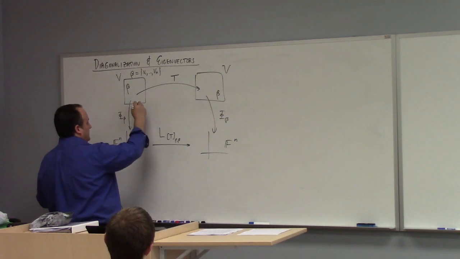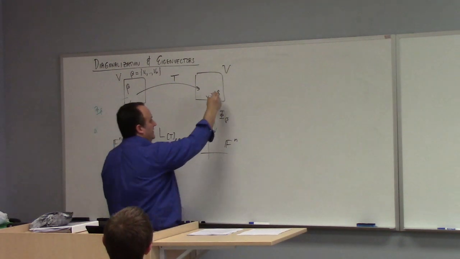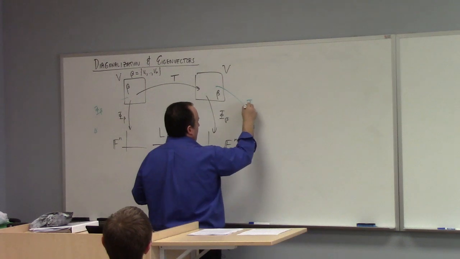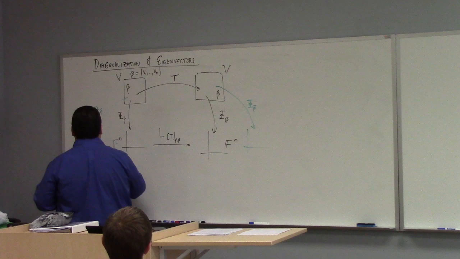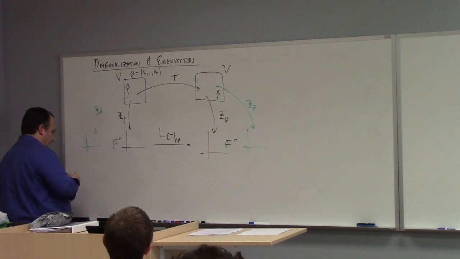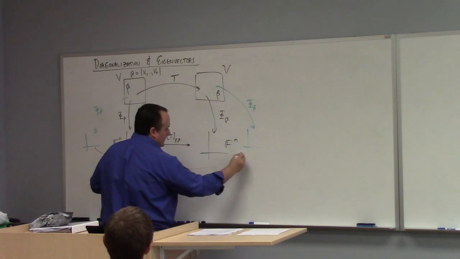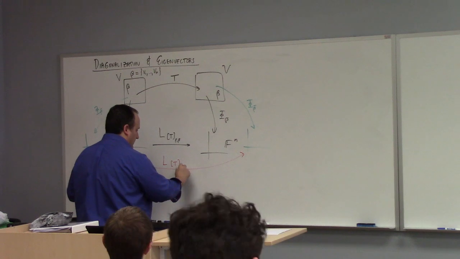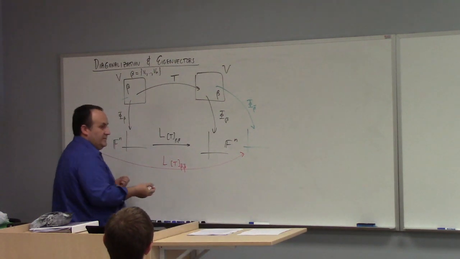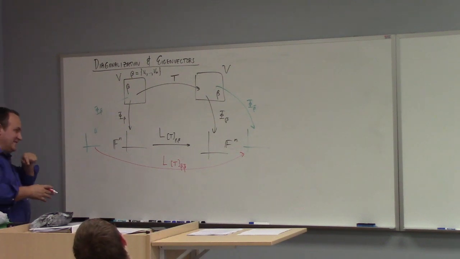What if I choose phi beta bar here and here, right? Then how's this mapping here related to that one, right?